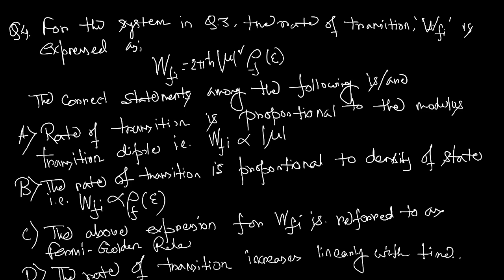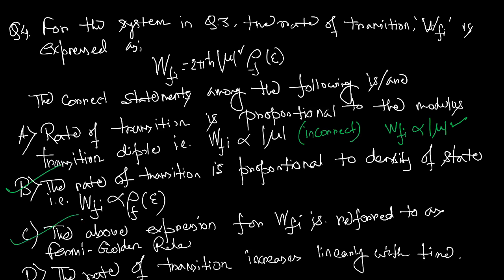Now, the rate of transition is not proportional to the modulus, it's actually proportional to the square of the modulus. So it is incorrect. The rate of the transition is proportional to density of the state. That is correct. The above expression W_FI is referred to as the Fermi golden rule.